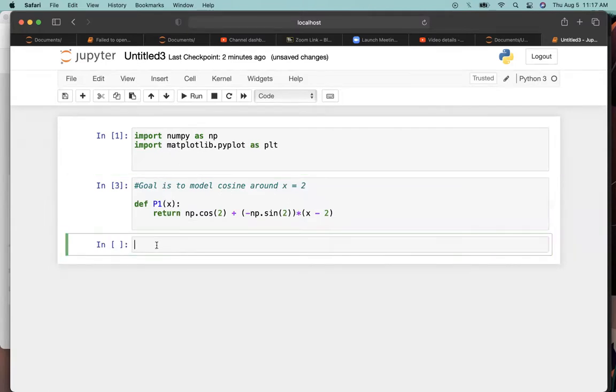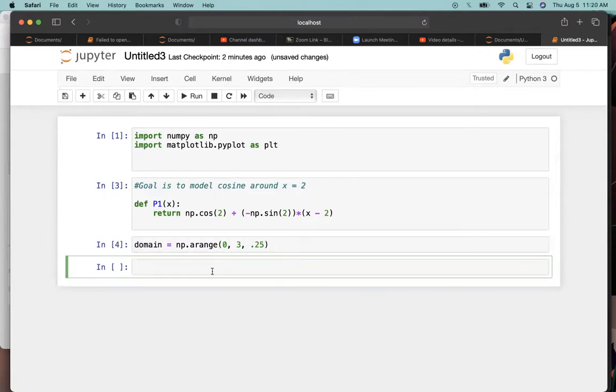I'm going to need some domain, so domain is equal to np.arange. Start at 0, go to 3, in increments of 0.25. And let's just look at a plot real fast.